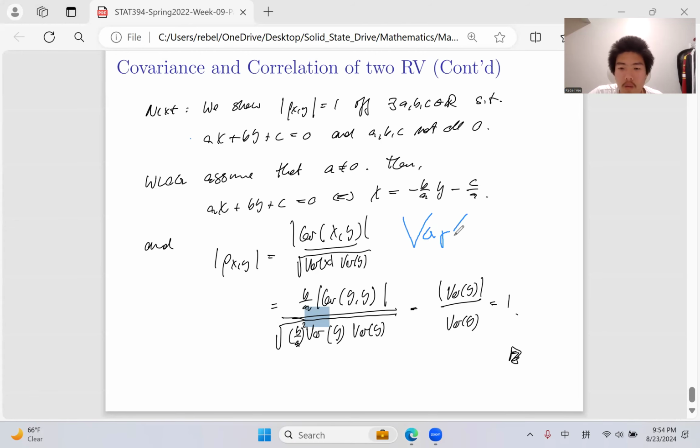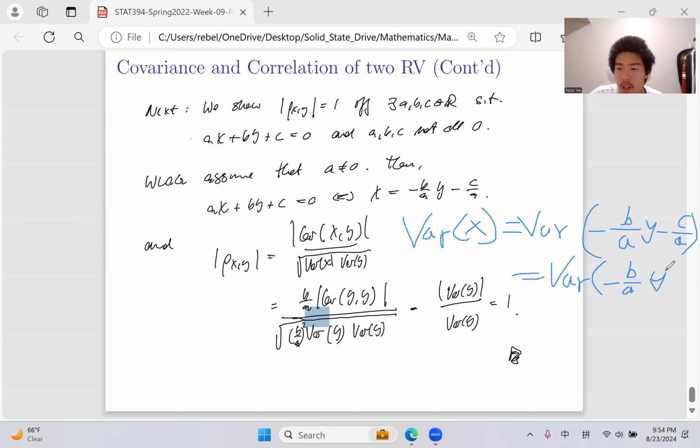So the variance of x is equal to the variance of negative b over a y minus c over a, and this is equal to b over a squared times the variance of y, right?